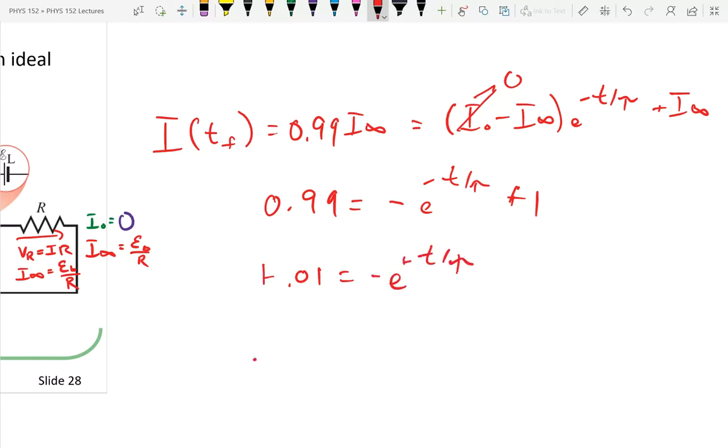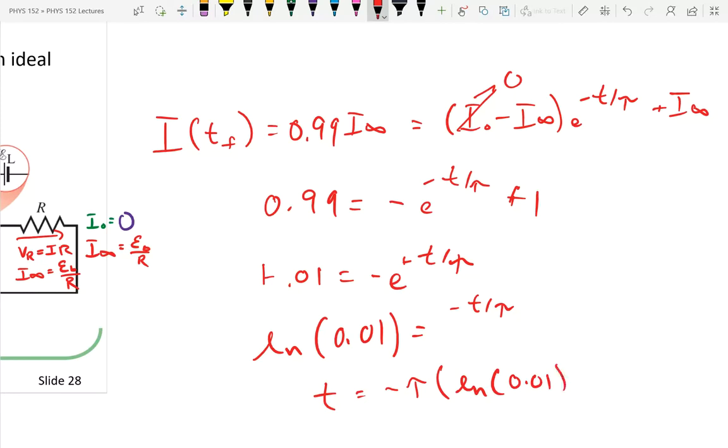Make them both positive, take the natural log of both sides. Therefore, t is equal to minus tau times the natural log of 0.01. Oh wait, that's natural log, not log base 10. And then you just have to put in your numbers. Tau is L over R, and put it in the calculator. Okay, have a happy Sabbath.